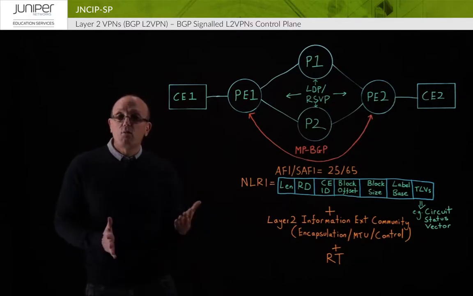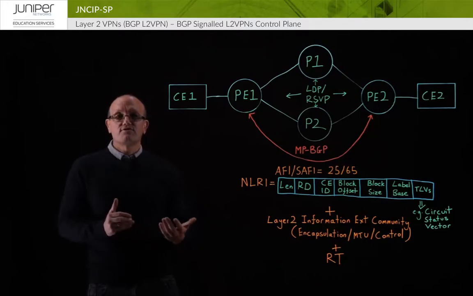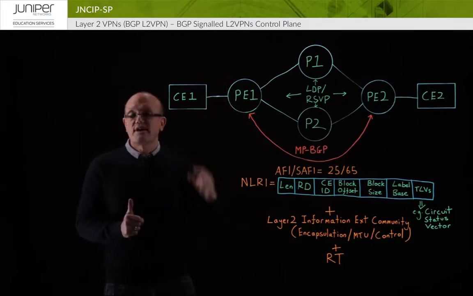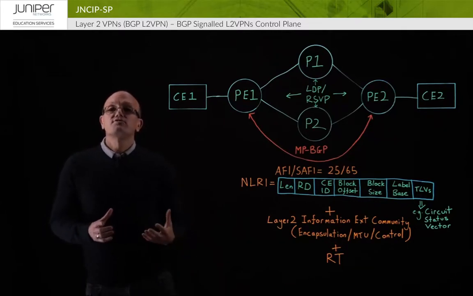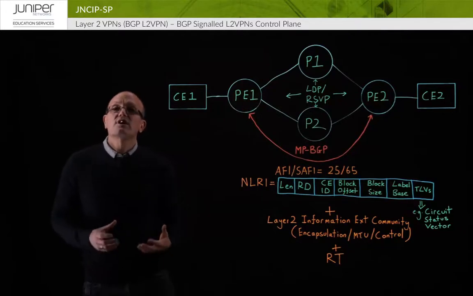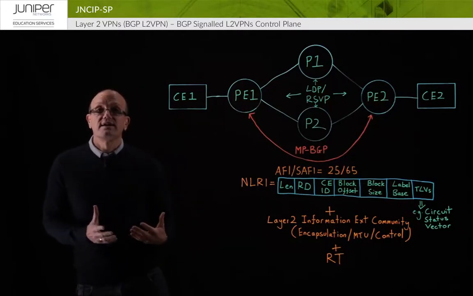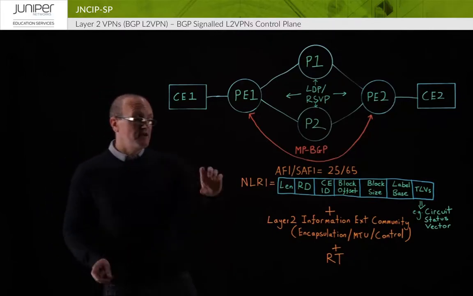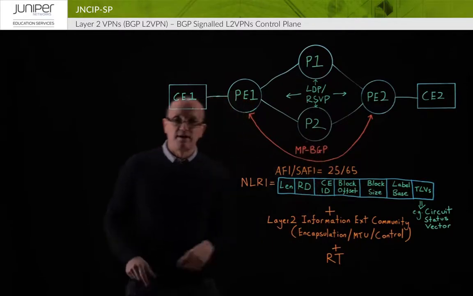If we have a value of 1 in a given position, that means that the CE it refers to is down, or the virtual circuit to that CE is down. This is how we can provide monitoring information between an ingress and egress PE, so we can track the operational status of virtual circuits on a given PE. So this is the NLRI that we are advertising in multi-protocol BGP.